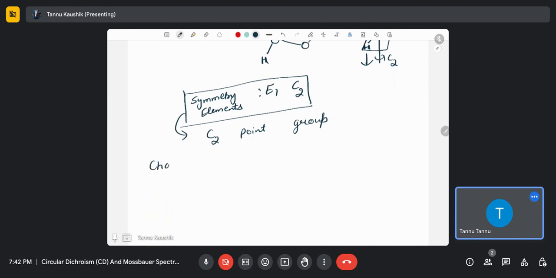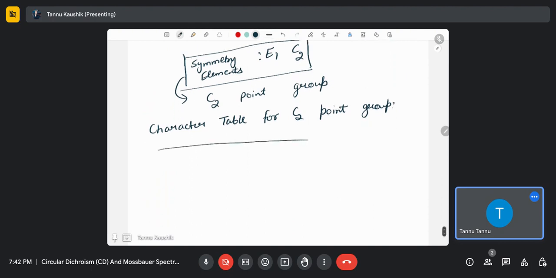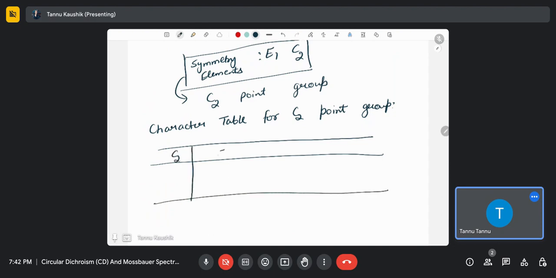And the character table for the C2 point group is, here we have two irreducible representations corresponding to the classes E and C2, and the linear functions are, here we have z and Rz associated with one irreducible representation, and x, y and the corresponding Rx and Ry rotational functions are also associated with the same irreducible representation.